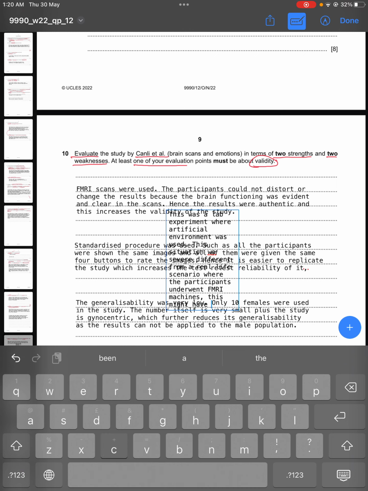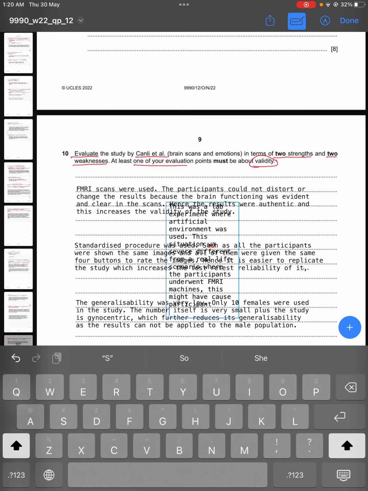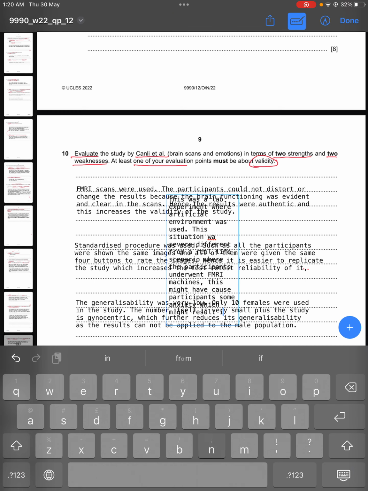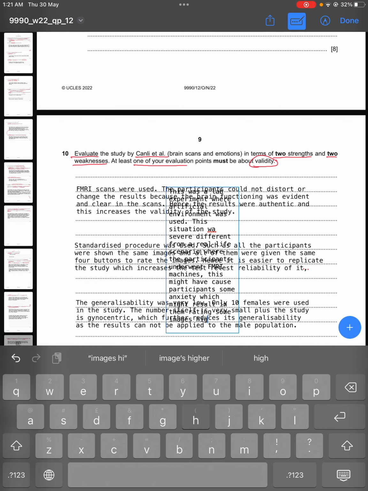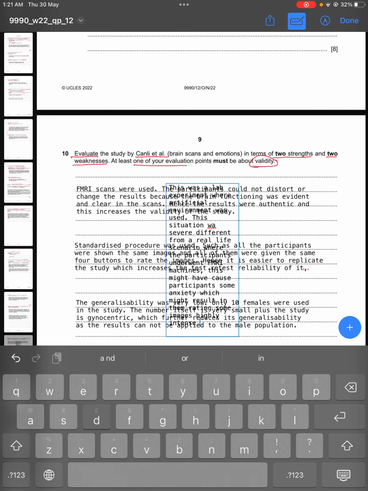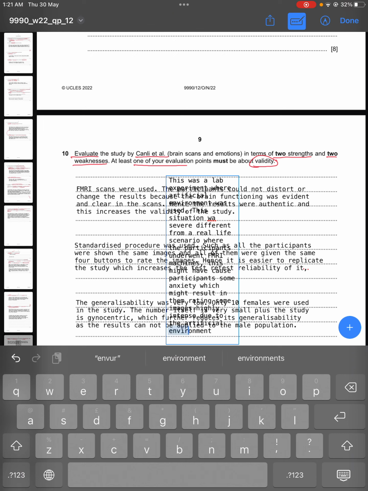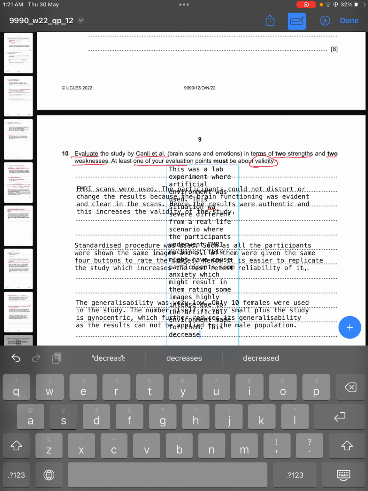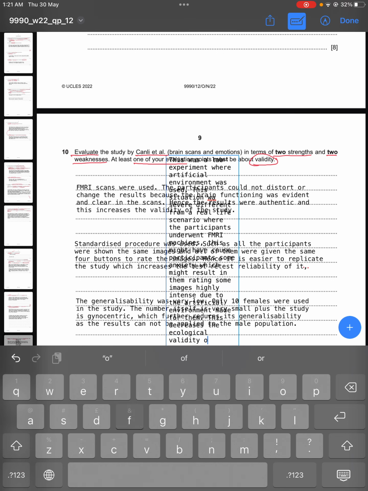This might have caused participants some anxiety, which might result in them rating some images highly intense due to the artificial environment made for them. This decreases the ecological validity of the study.